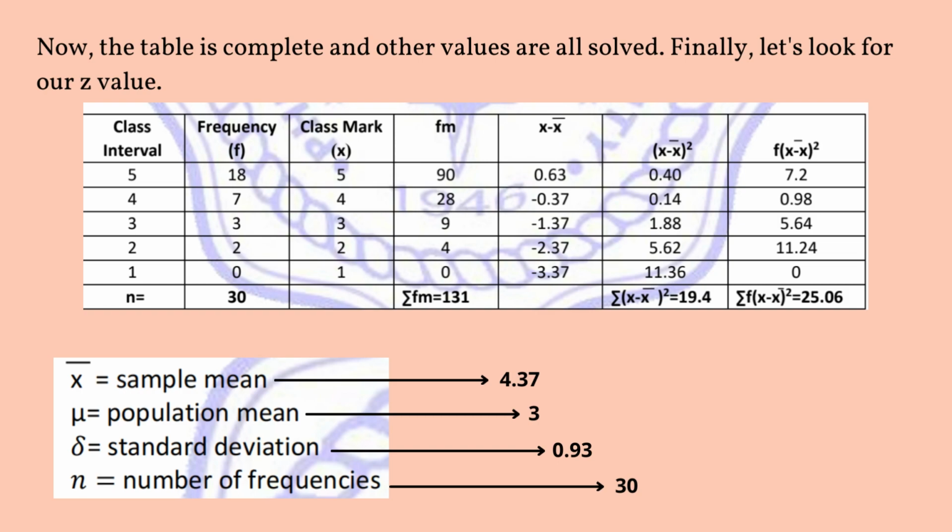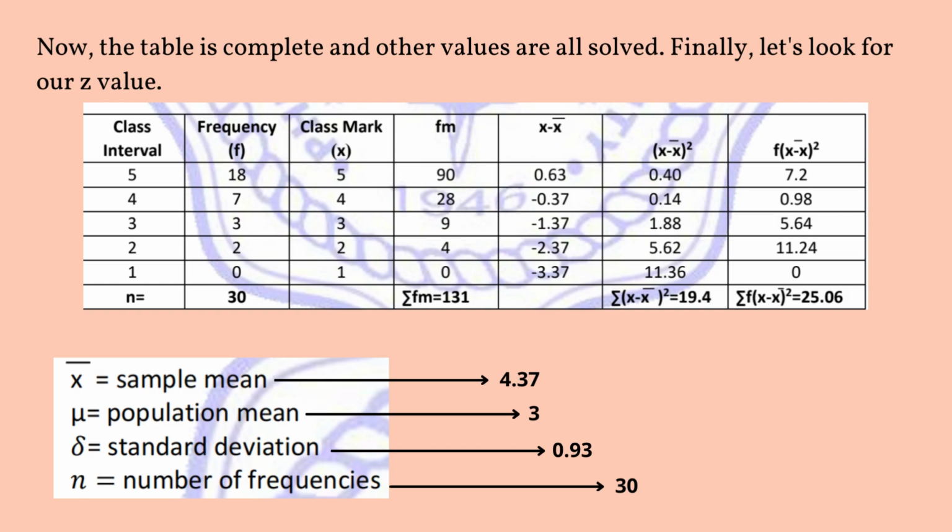Our population mean is 3, which is given na dun sa problem natin. Standard deviation is 0.93. Ito yung nakuha natin a while ago. And then number of frequencies. Ayan, tignan ulit natin yung table. Sa frequency na column, makikita natin yung 30. Okay, so itong mga may arrow na to, magagamit natin siya sa pagkuha ng ating z-value.